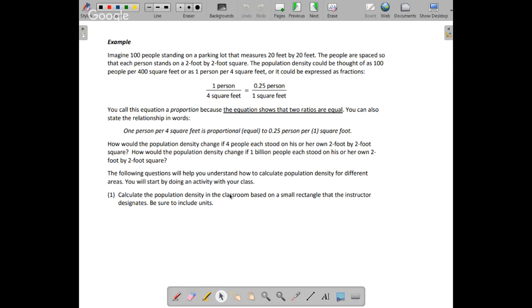Let's take a look at a group of people in a classroom. Say we have 10 people, and we're just going to take a small corner of the room, maybe a part of the room that is 10 feet by 10 feet.